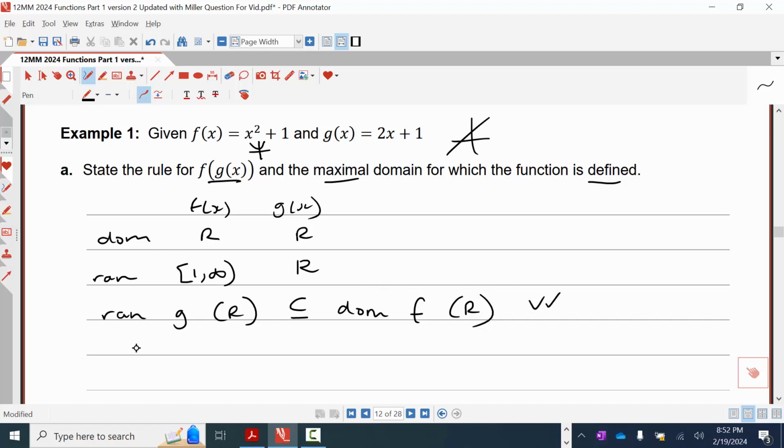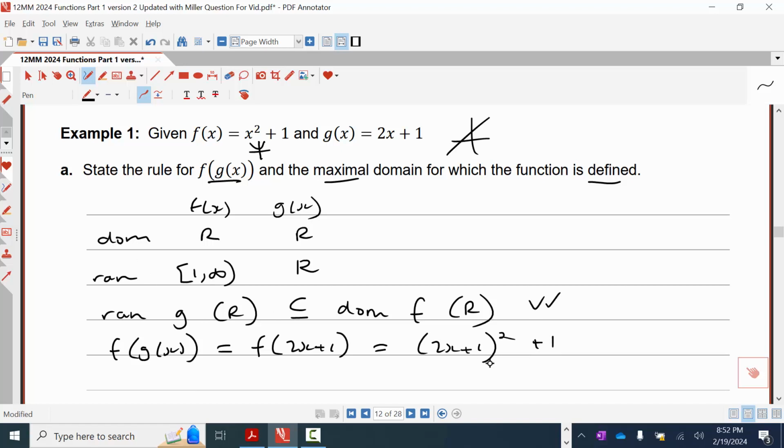All right. So now that I know it's going to work, all I'm going to do is form the composition. So I'm going to say that f of g of x is f of, now g of x is 2x plus 1. So I'm going to replace g of x with 2x plus 1, which basically says wherever you see an x in this, replace it with 2x plus 1. So I'm going to go (2x plus 1) squared plus 1.